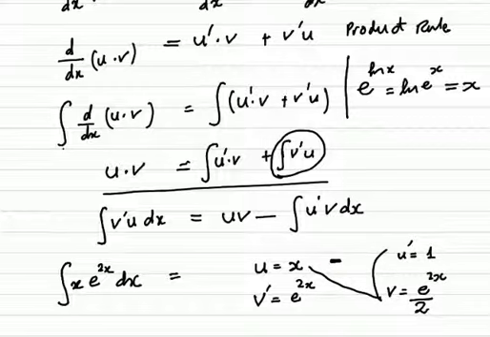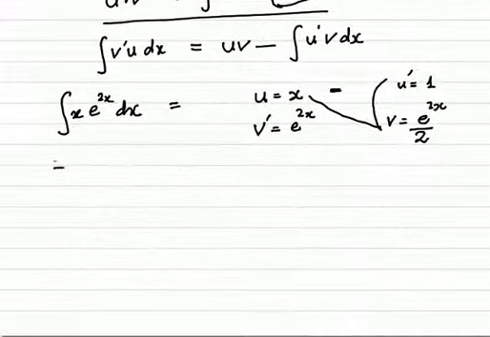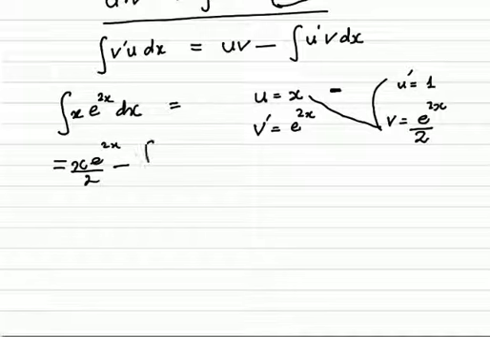You subtract this with the integral sign. So in this case now, this is going to come up as x e to the power 2x over 2 minus the integral of 1 times e to the power 2x over 2 dx.